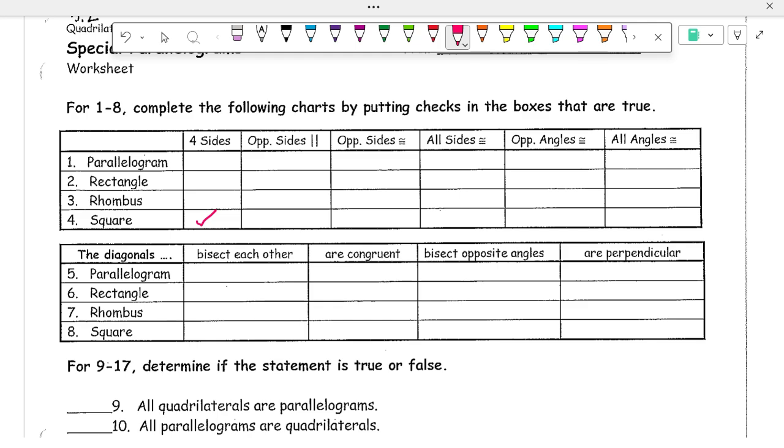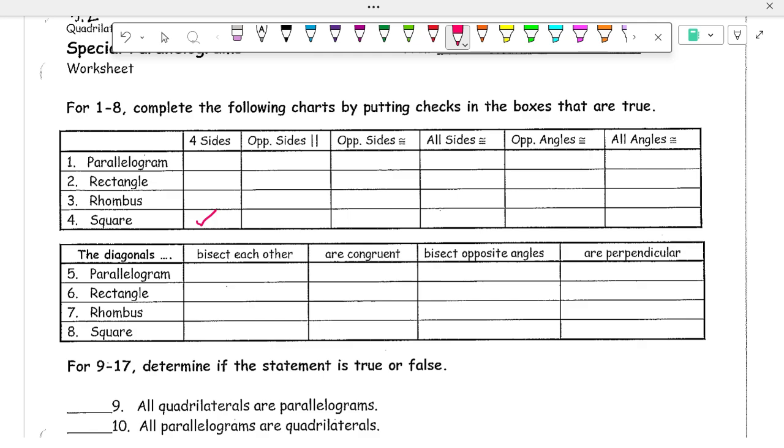Yeah, the diagonals. You pretty much have the answers in that journal. Use that to your advantage.